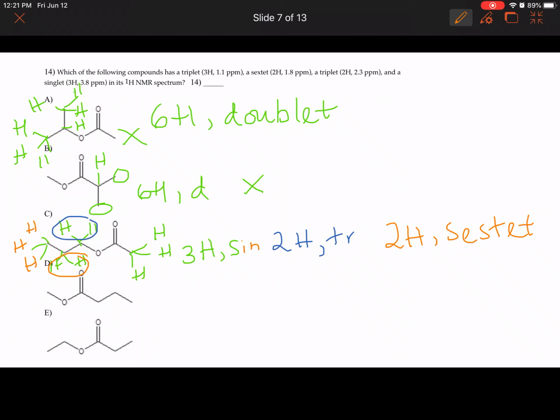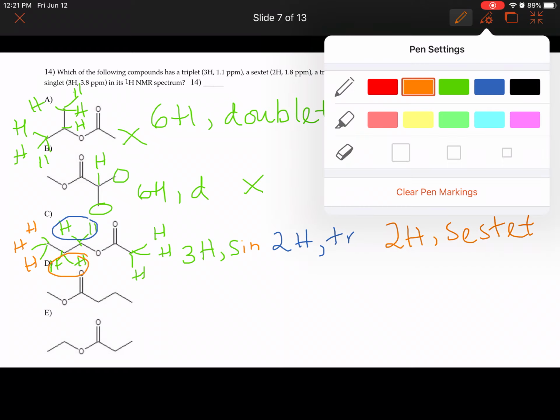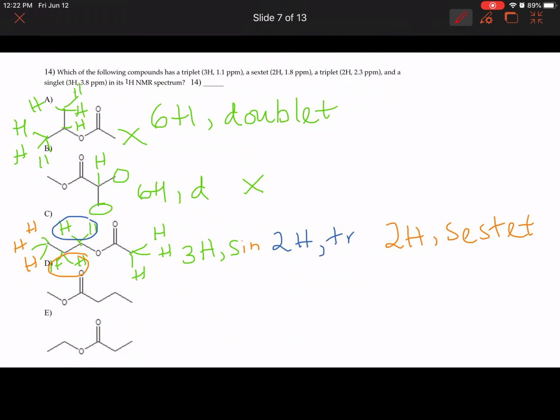And then what about the 3 hydrogens at the very end? These 3 hydrogens, the red ones, would be a triplet. So that would be the pattern that we're going to be observing for that molecule. And if you look at our description, there is a 3 hydrogen triplet. Yes, we do have that.